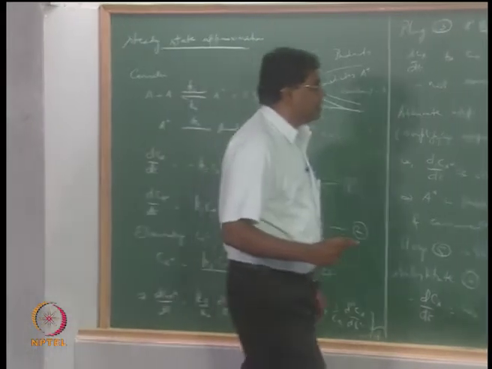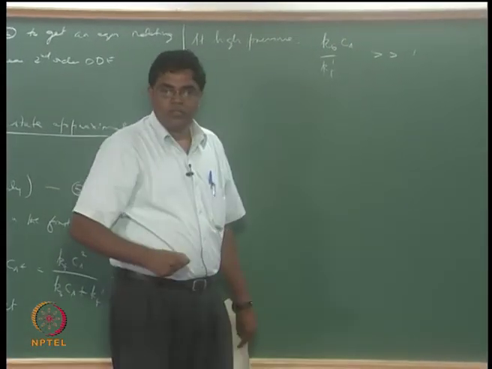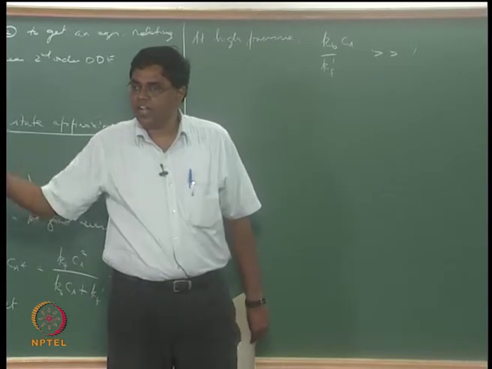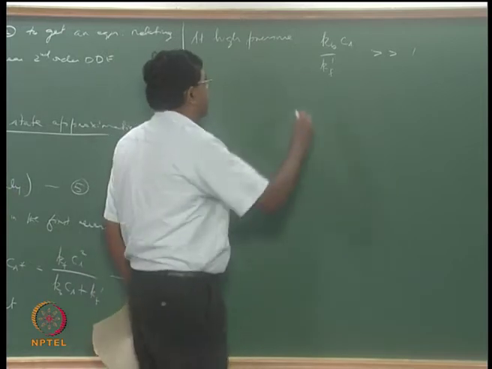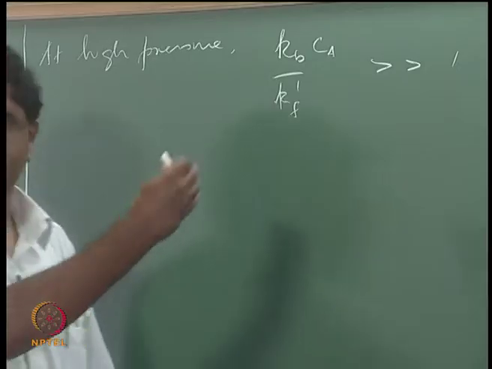Therefore, at high pressure, you would expect that the backward reaction, which is the second reaction, is going to predominate over the third reaction that is unimolecular, and therefore we expect that the numerator in this case is going to be larger than the denominator.